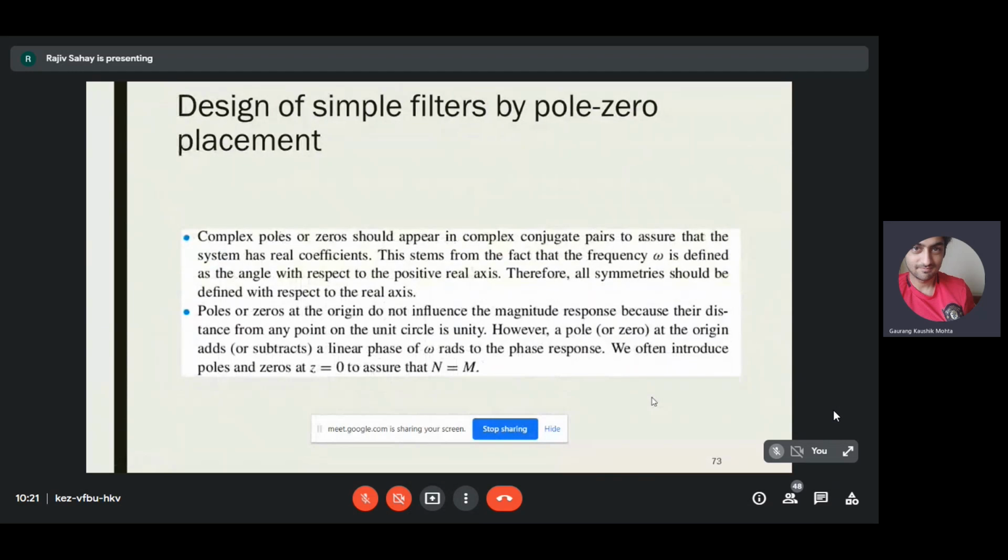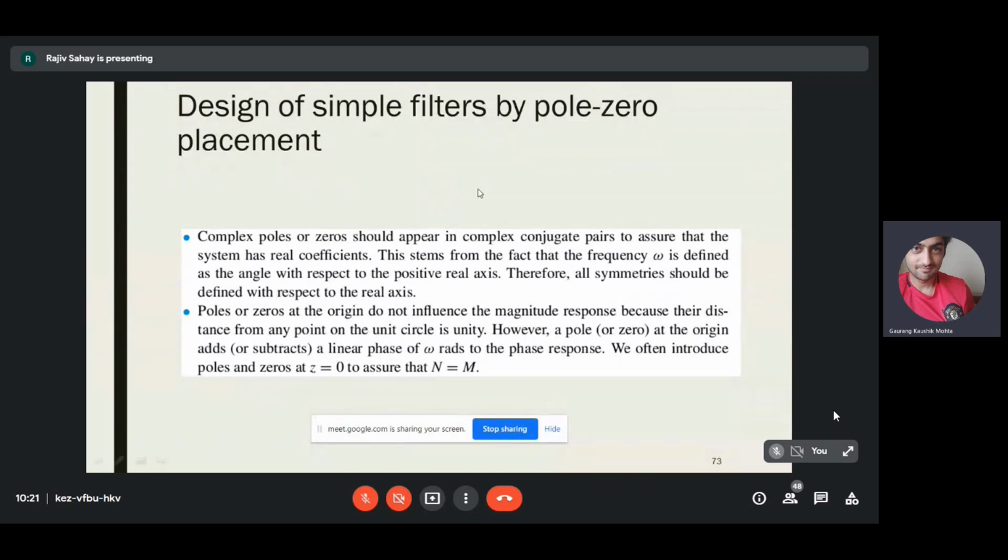We had also looked at the symmetry properties for complex conjugate poles. Complex poles or zeros should appear in complex conjugate pairs to assure that the system has real coefficients. So if your h of n is supposed to have real coefficients, then the complex poles and zeros of h of z should appear in conjugate pairs.